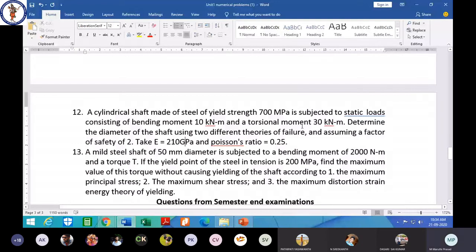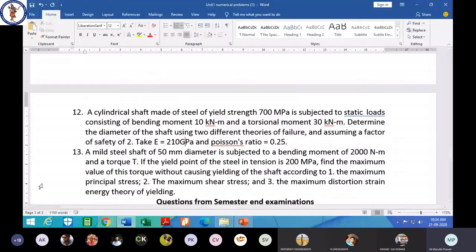So our first job is calculating individual stresses. One is bending stress, the other one is shear stress. That is stage number 1. Stage number 2, from these two, you calculate principal stresses, sigma 1, sigma 2, tau max. Then stage number 3, by using any two theories of failure, you calculate the diameter of the shaft.